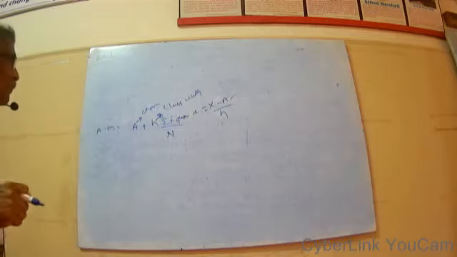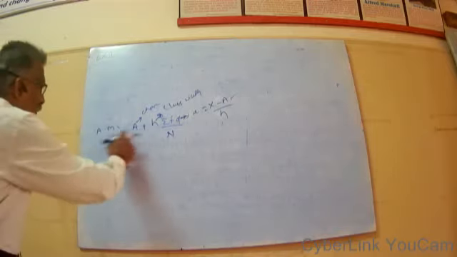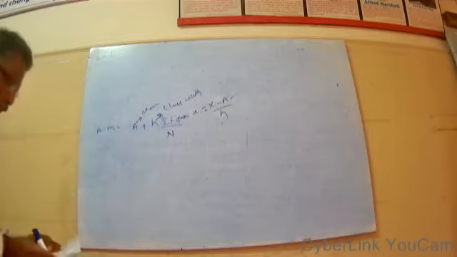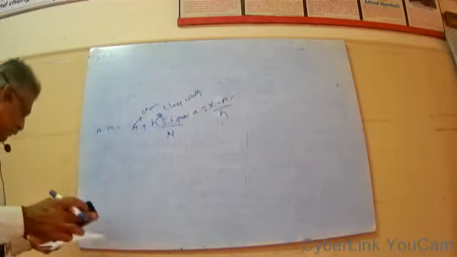Let us take up an example so that it will be clear. This is the formula for the arithmetic mean by the step deviation method. So what are the steps? Compute d equal to x minus a divided by h, a being the arbitrary number and h the common magnitude of the classes.